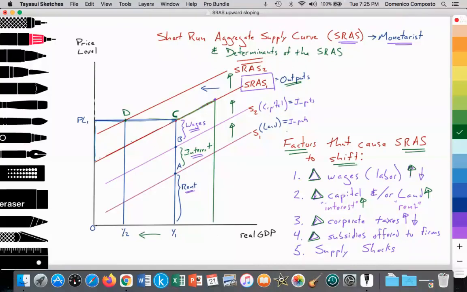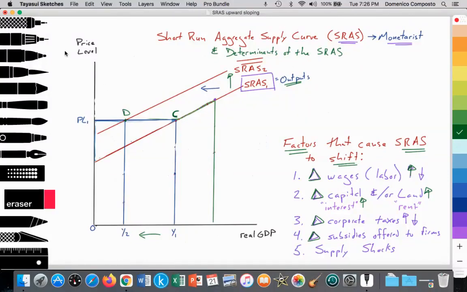All right. What would happen if the cost of production went down? So we're going to go ahead and illustrate that, and I'm going to clear up this model so we can better see that. All right, so I've cleared up the model to help us better see this. And now we're going to assume that wages, cost of labor, is falling, capital and land resources are falling.